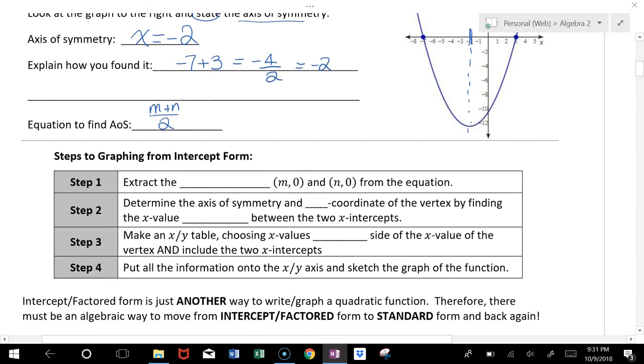So our steps to graphing from intercept or factored form: Step 1, we extract the x-intercepts from the equation. So we have m equals, n equals. Step 2, determine the axis of symmetry and x coordinate of the vertex by finding the x value halfway between the two.